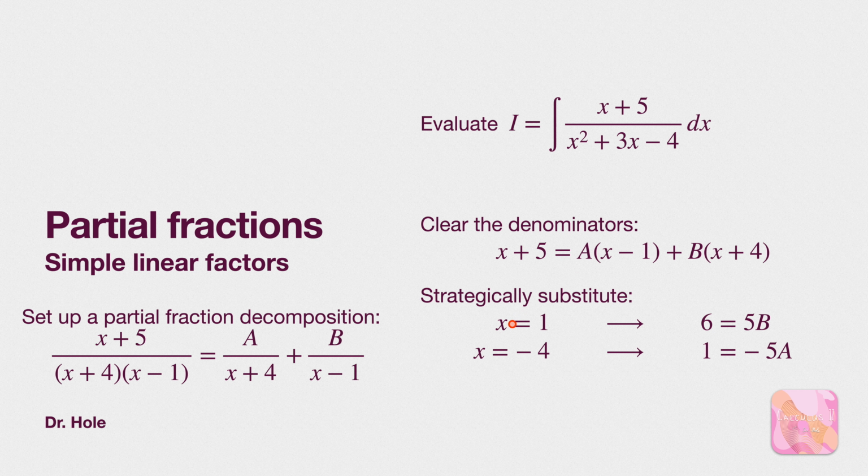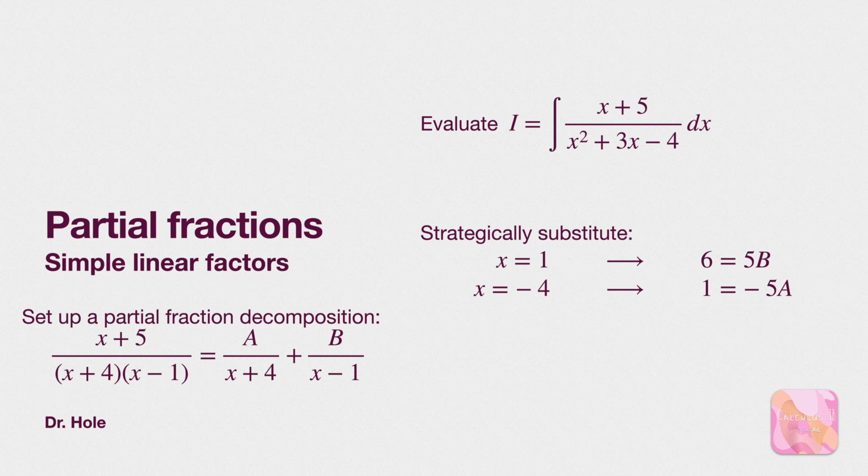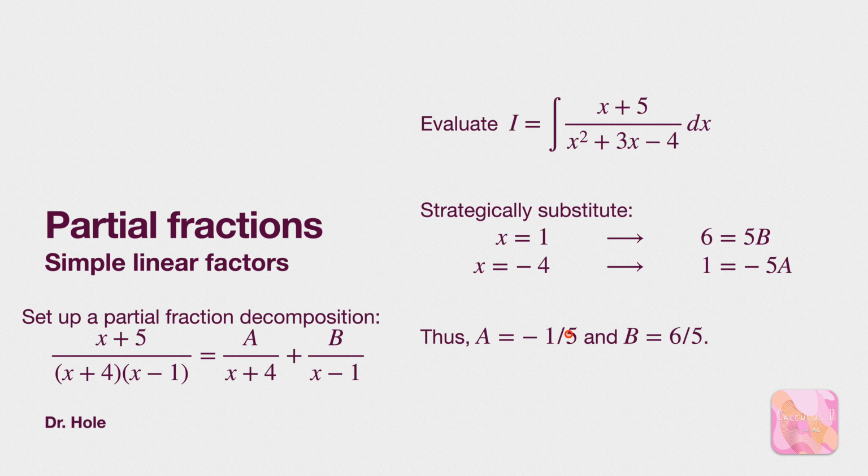So if I let x equal 1, then the left-hand side is going to become 6, and the right-hand side will be b times 5. You can easily solve for b. Do that once more, but this time eliminate the b term by allowing x to be negative 4. Come up with the left-hand side as positive 1 and the right-hand side as negative 5 times a. Very good. We've thus solved for the unknown coefficients a and b.